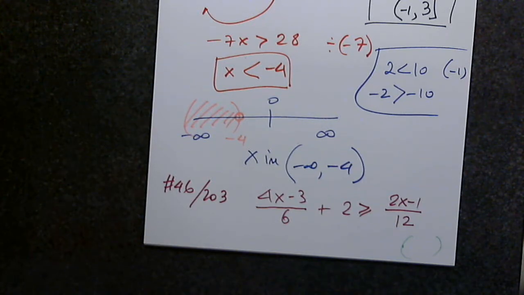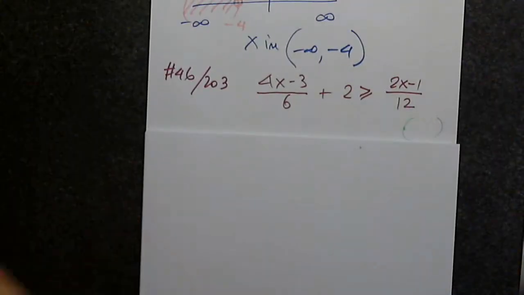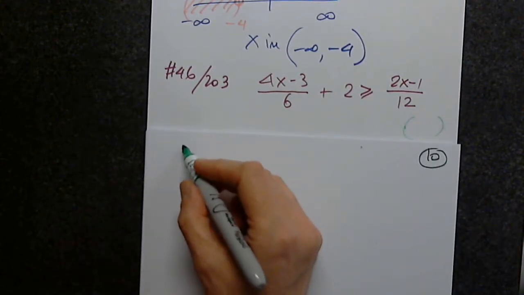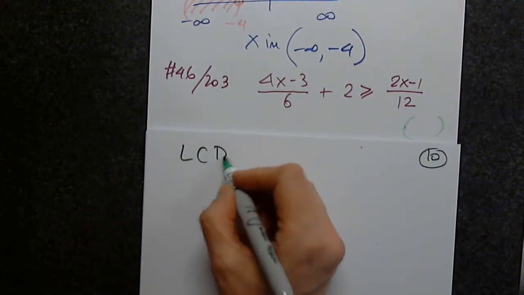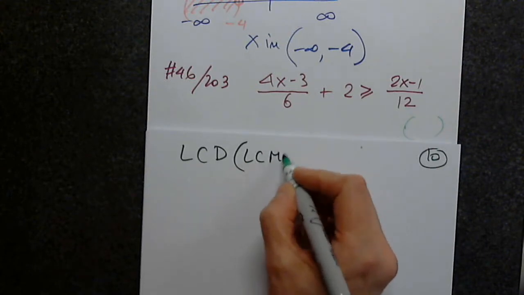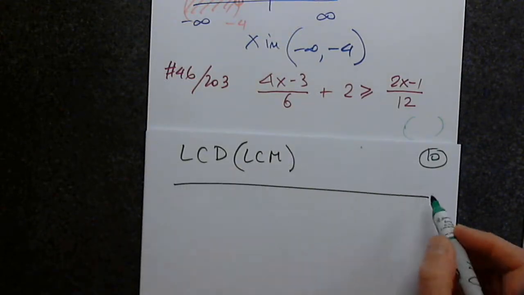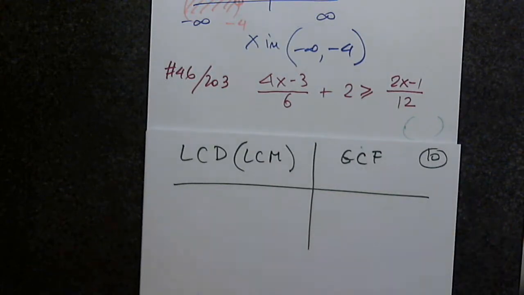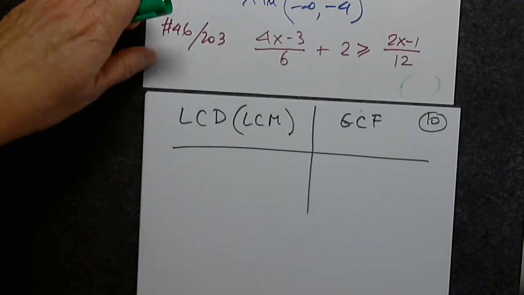Divisible. Not greatest common factor. So let's not confuse the two. Let's talk about this because this is more important. The least common denominator, also called the least common multiple, is one thing. And the greatest common factor is a totally different thing.